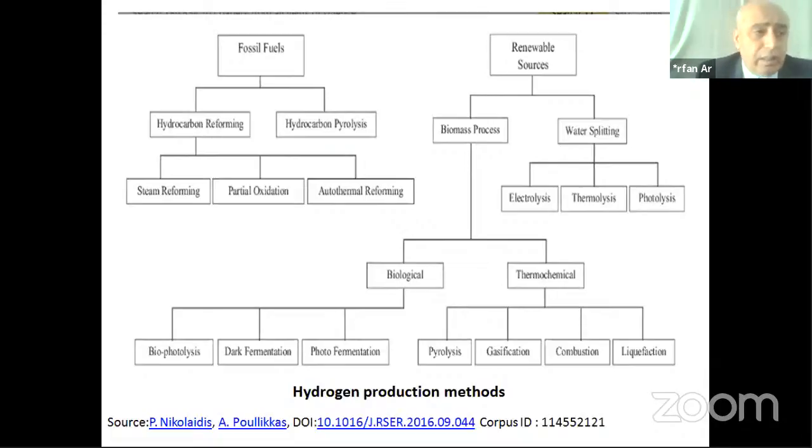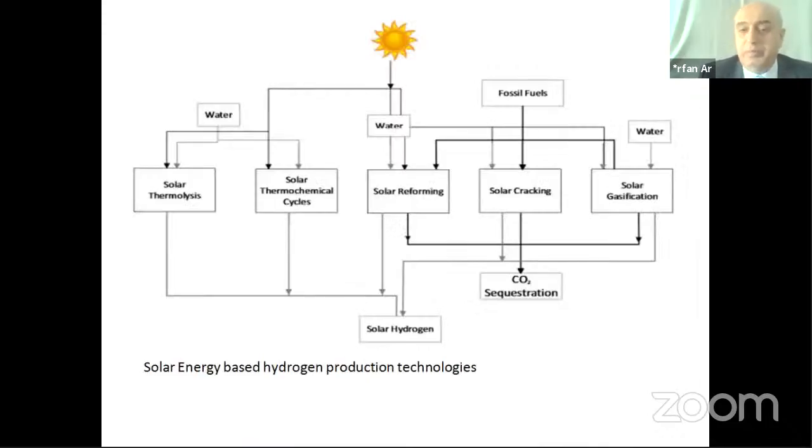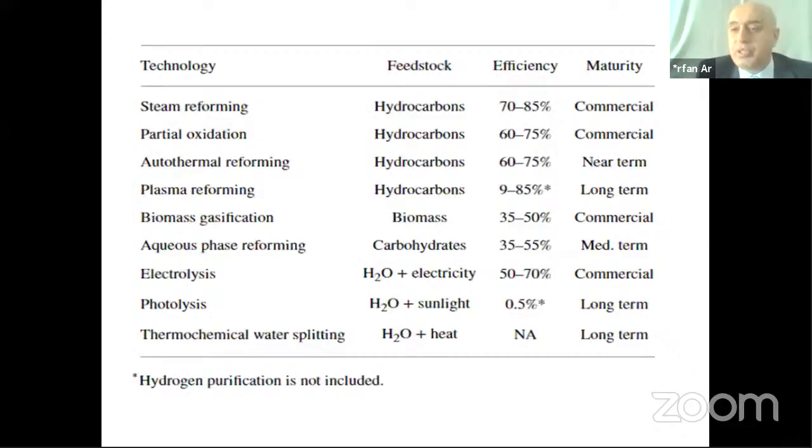But there are some new technologies also in the laboratory stage that combine the catalytic processes together with the bioconversion technologies. But they still have a very, very low efficiency. Therefore, there is not any commercial process using these technologies.